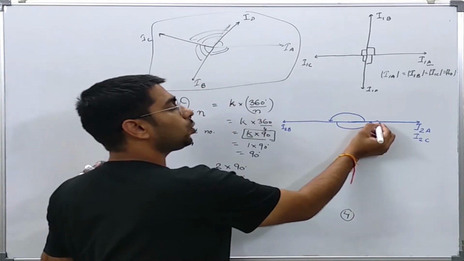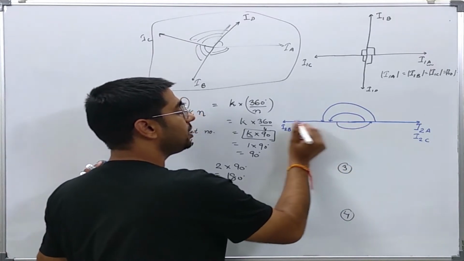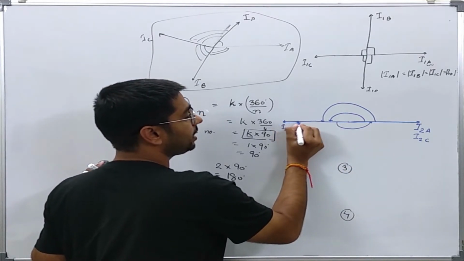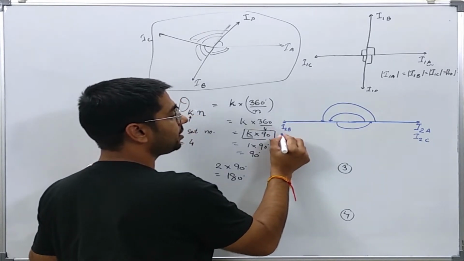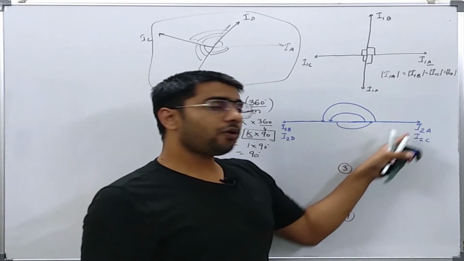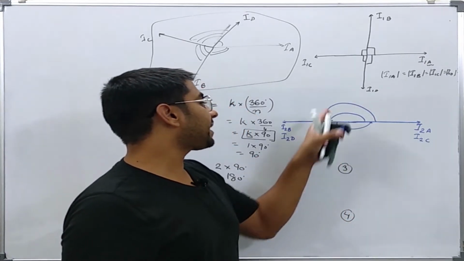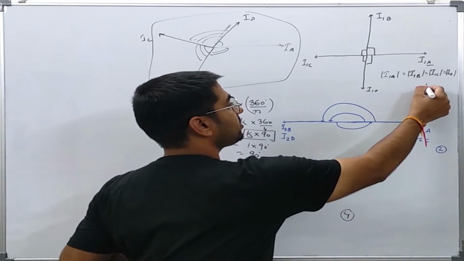Now I2D will be having a phase difference of 180 degree with respect to I2C. So I2D will be in this direction. So these are the 4 phasors for the second set. This is the second set. This is the first set.